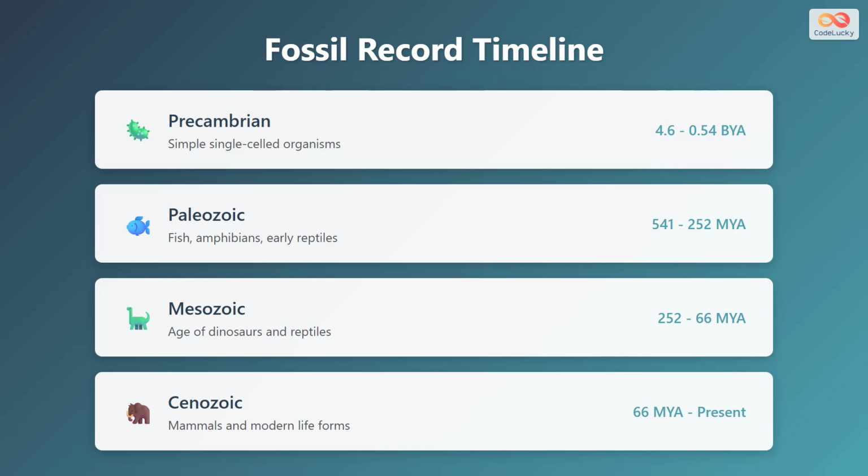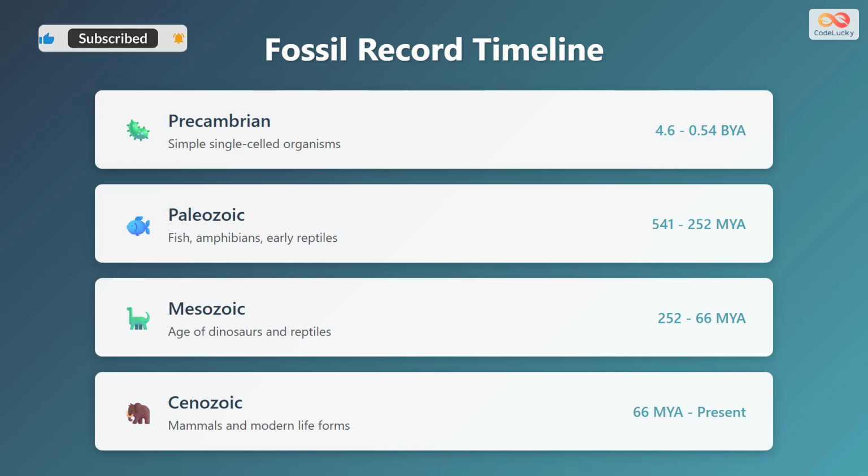The fossil record reveals a fascinating timeline of life on Earth, divided into major eras. The Precambrian era, spanning from 4.6 billion years ago to 541 million years ago, represents the earliest period of Earth's history. During this time, only simple single-celled organisms existed. The Paleozoic era, from 541 to 252 million years ago, saw the evolution of fish, amphibians, and early reptiles.